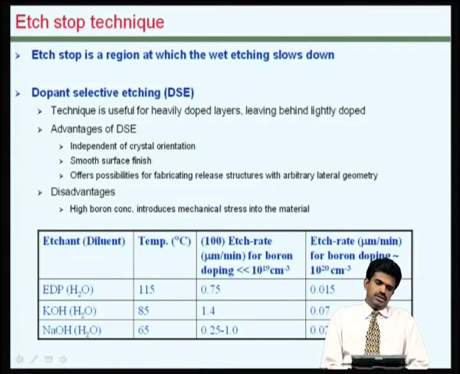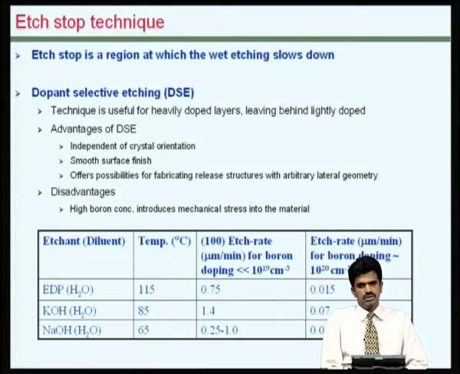An important thing to note in the context of etching of silicon is about stopping of the etch process, especially in the context of the diaphragm that you have seen. We need to have a precise control where the etch process gets stopped.